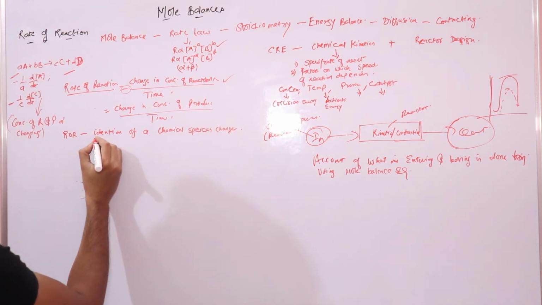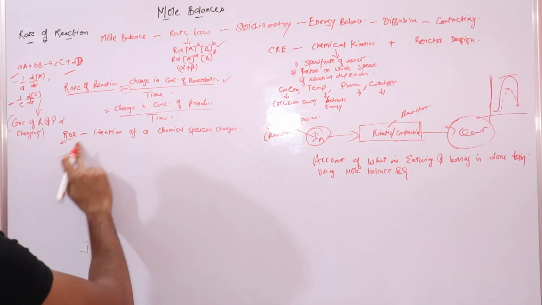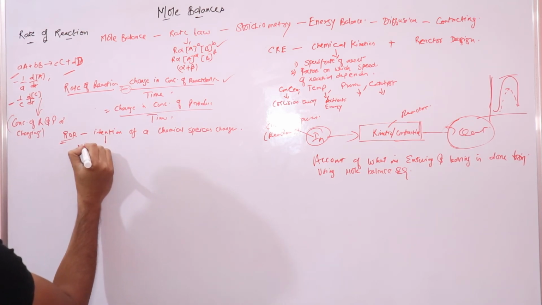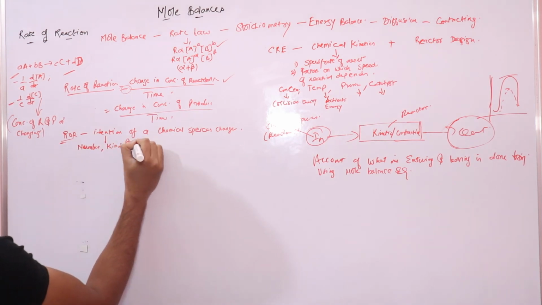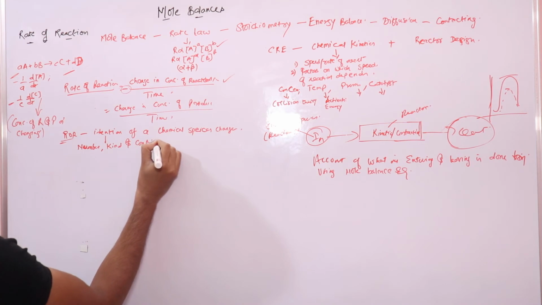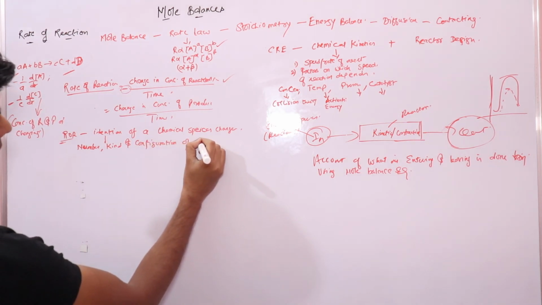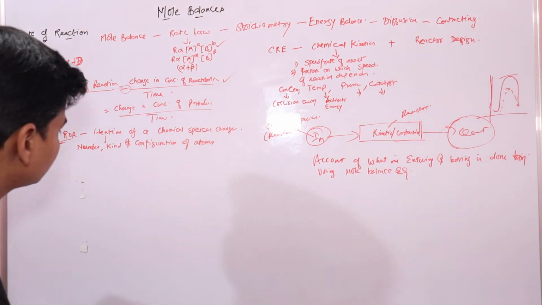And when we talk about the identity of a chemical species, we have three things: number, kind, and configuration of atoms in the reactants.